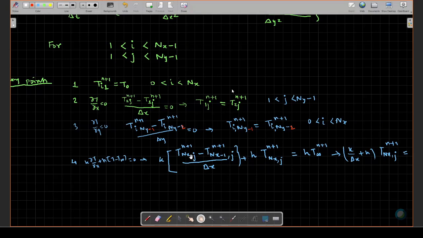And here also with the same notation, nx minus 1. But why are you saying nx minus 1?